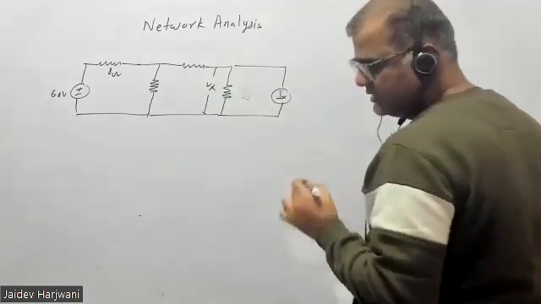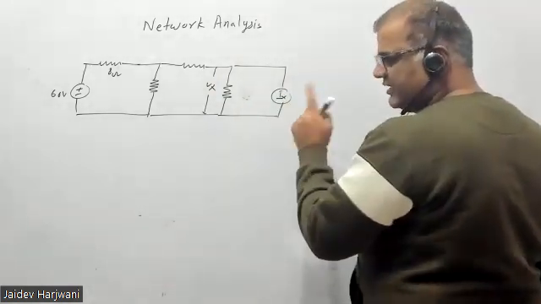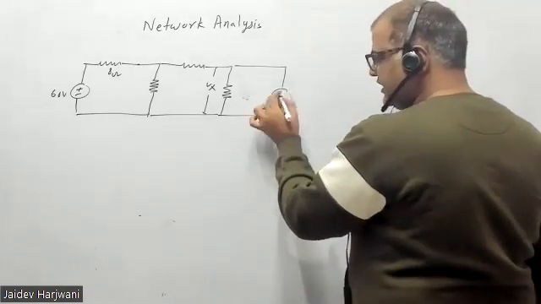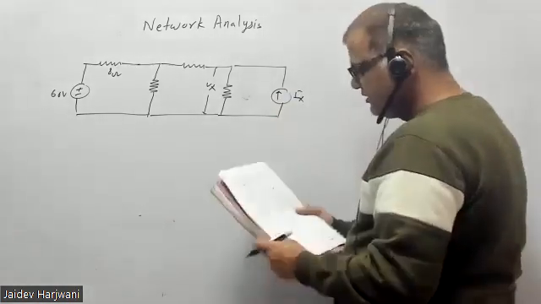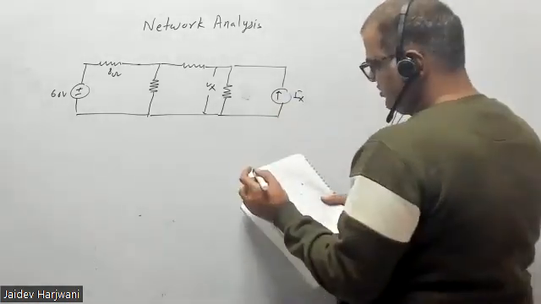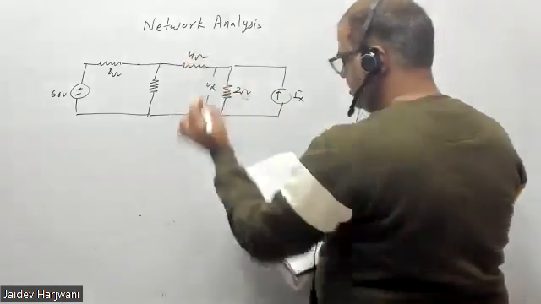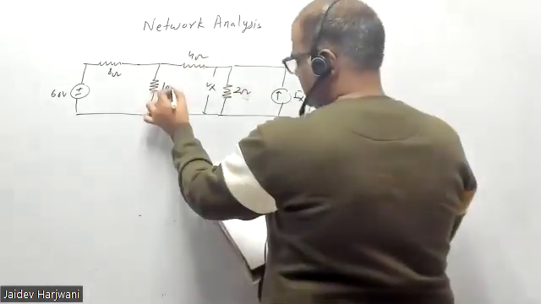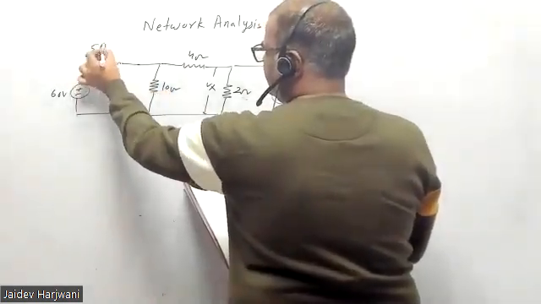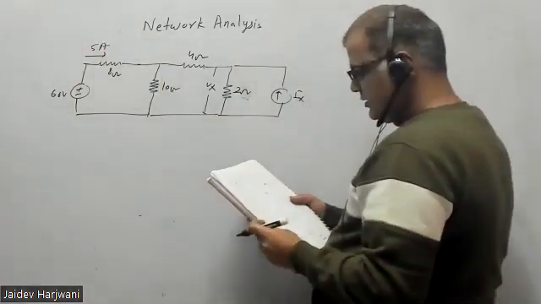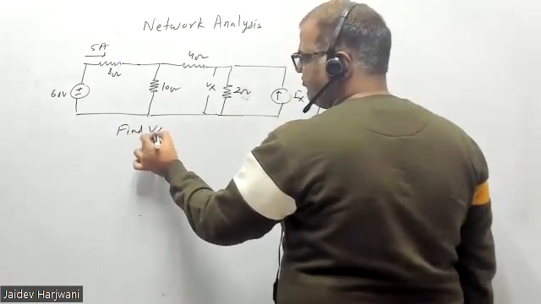When I say current source, in the branch this source is present, it will force the current Ix to flow. That is the meaning of the source. So this is your Vx, say this is 2 ohm, this is 4 ohm, this is 10 ohm, and this is 8 ohm, and 5 ampere current is flowing here. So find Vx.